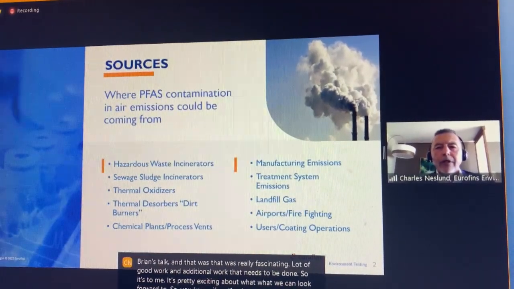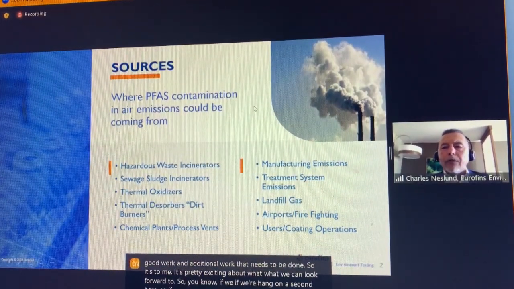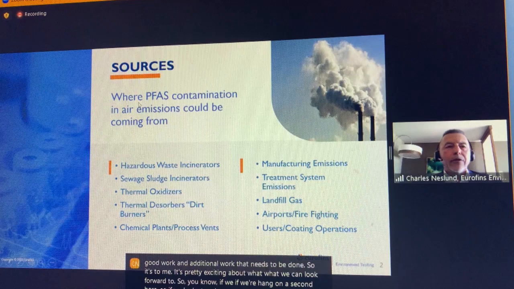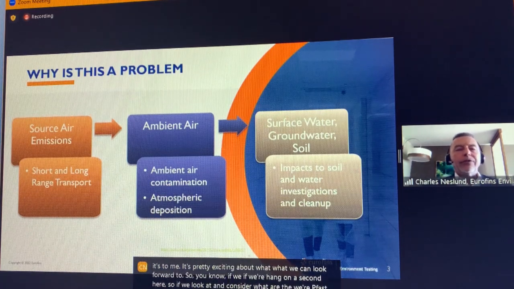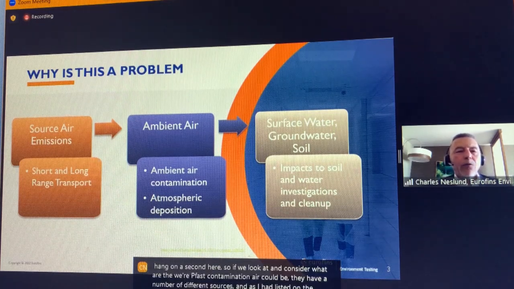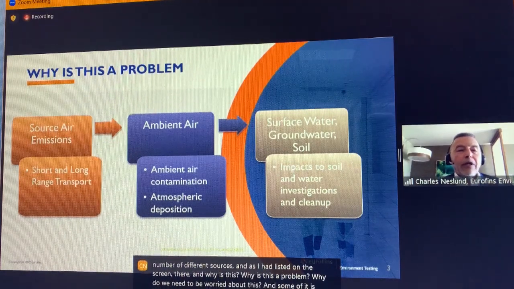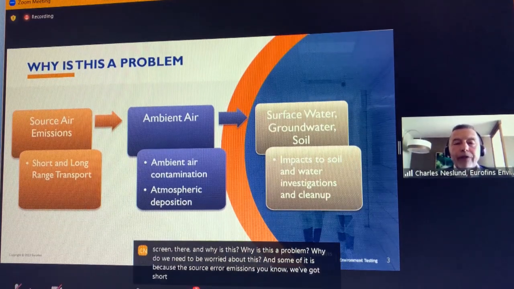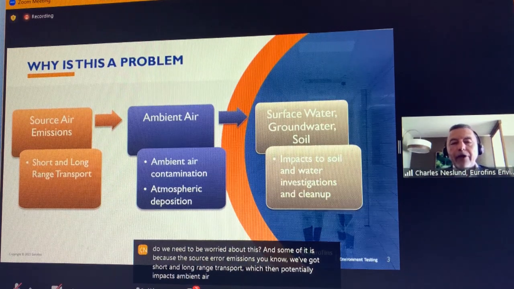If we consider where PFAS contamination in air could come from, there are a number of different sources, as I have listed on the screen. And why is this a problem? Why do we need to be worried about this? Some of it is because these source air emissions have short and long range transport, which then potentially impacts ambient air contamination.